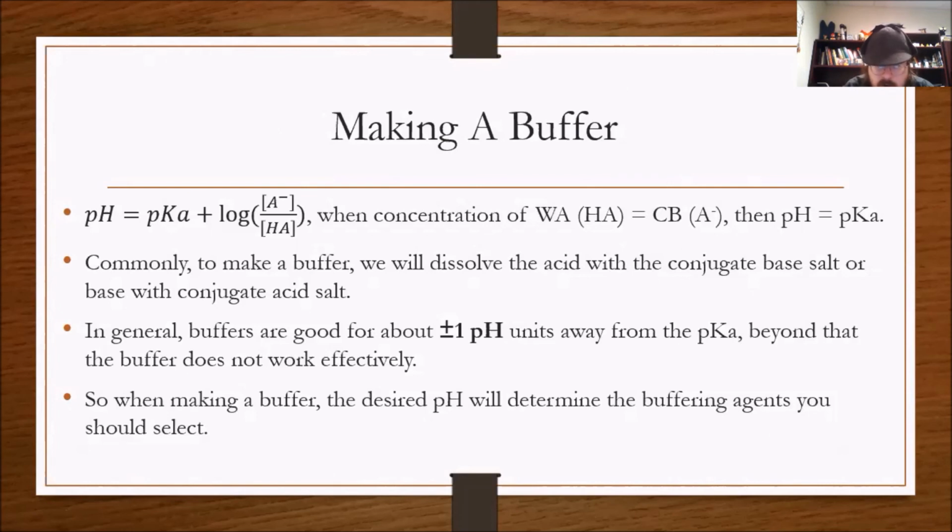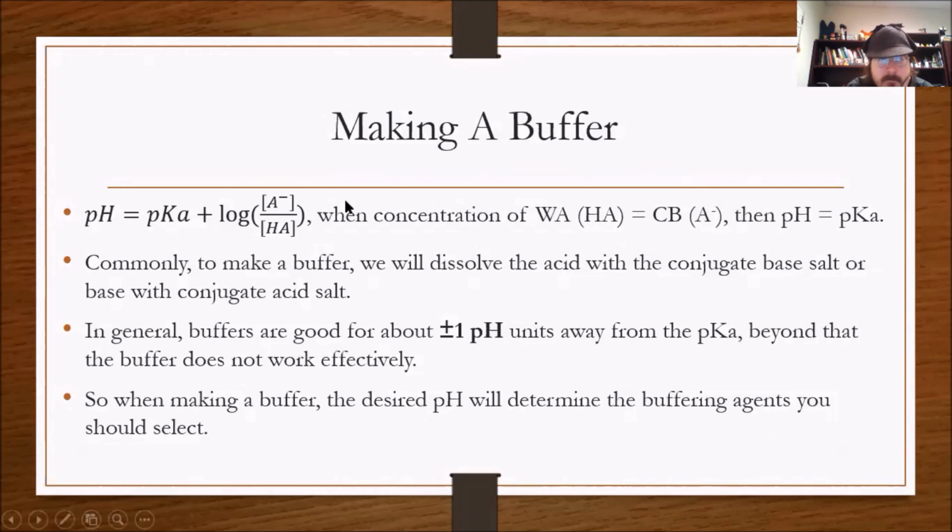But in general, this is a hard and fast rule: a buffer is only good about plus or minus 1 pH unit away from the pKa. So if your pKa is 5, you will not be able to make a buffer that is 7 with that setup. You can make one that is 5.5. You can make one that is 4.3, but you're not going to be making something 3.8 very well. Why? Because this is a log-based scale.